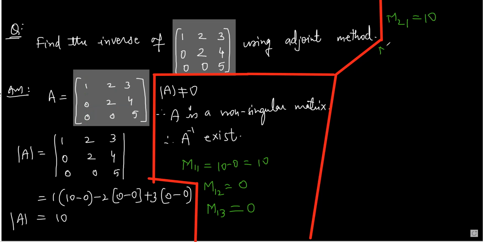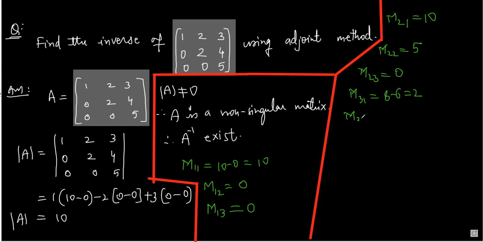Then M22: 5 minus 0, that is 5. Then M23: 0 minus 0 is 0. Then M31: 8 minus 6, that is 2.